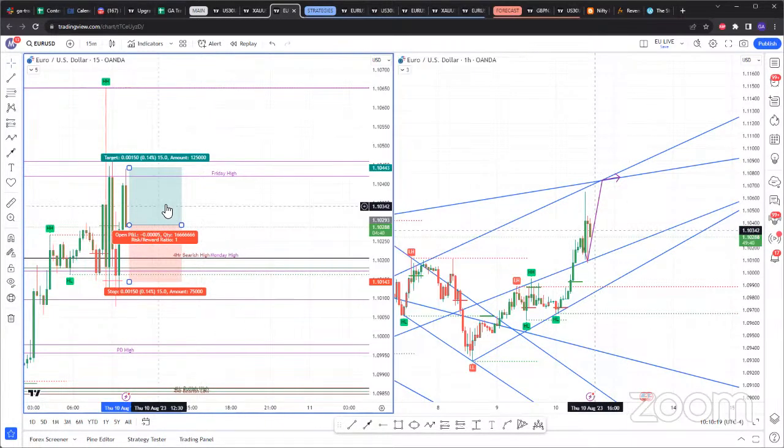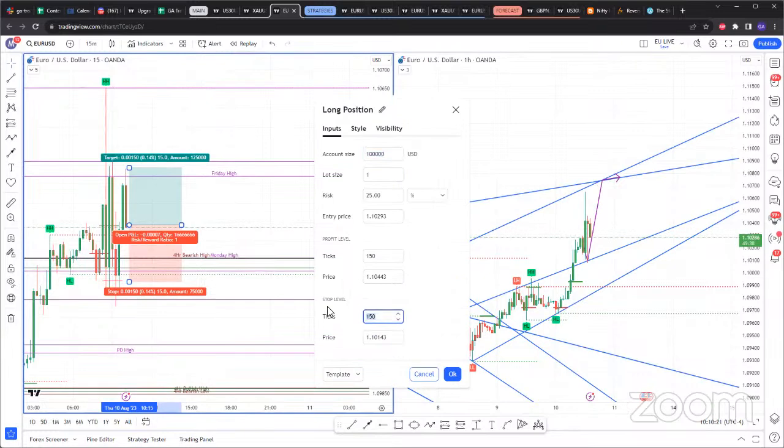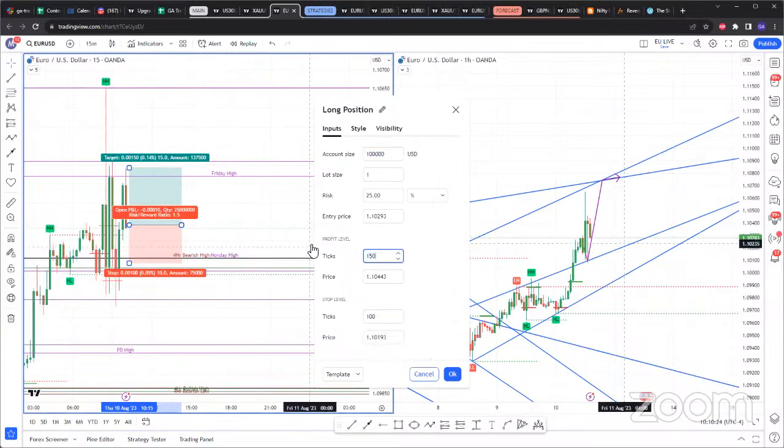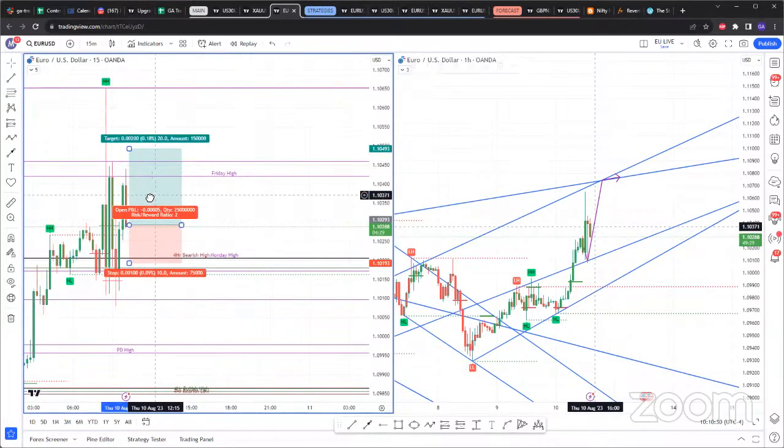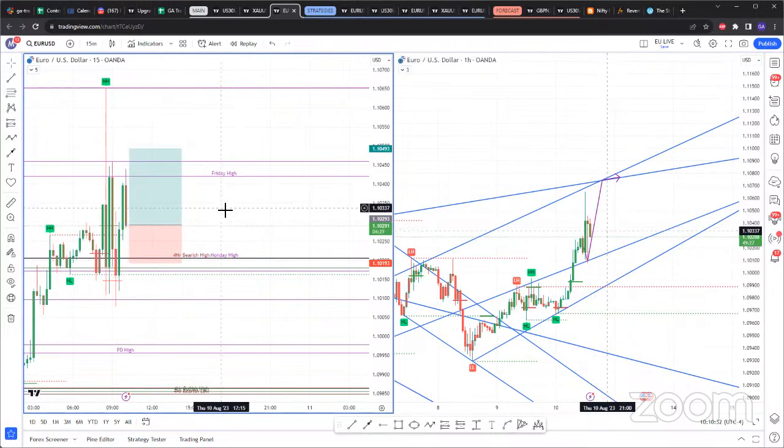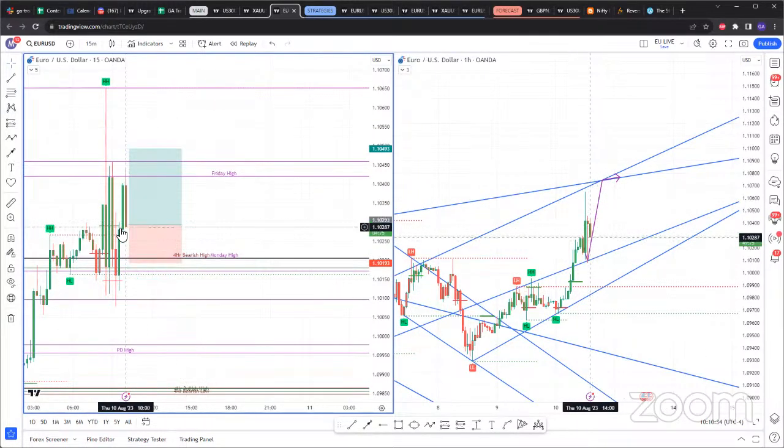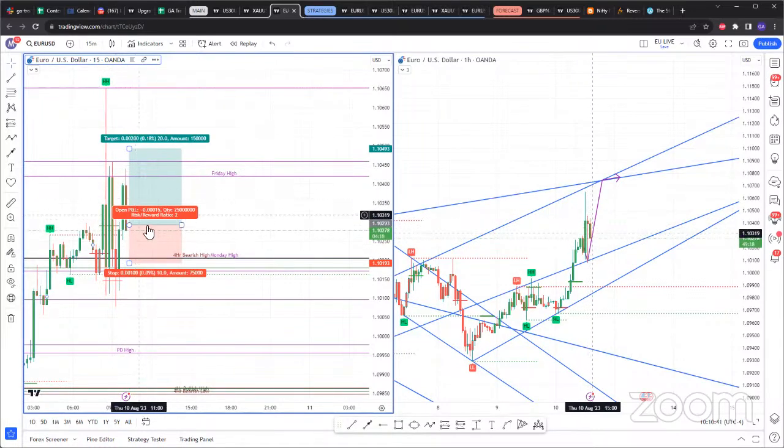Let's see. Okay, so I got wicked out of that 10 pip stop loss. But what I'm observing here is that on the 15-minute, we definitely closed above. Right now we are retesting the same zone.